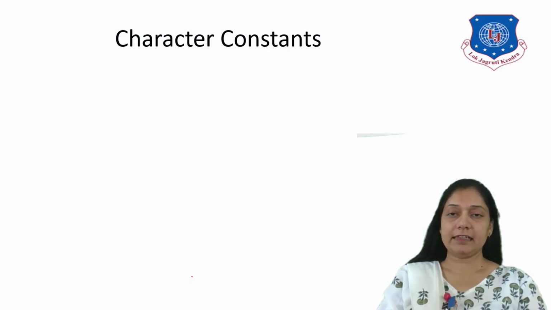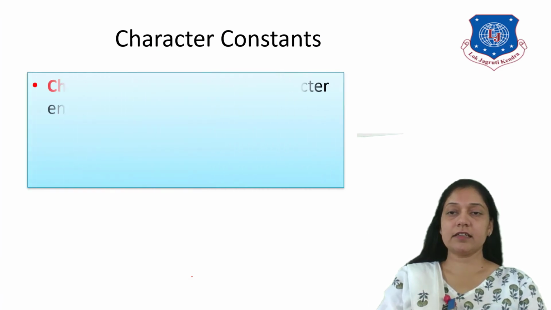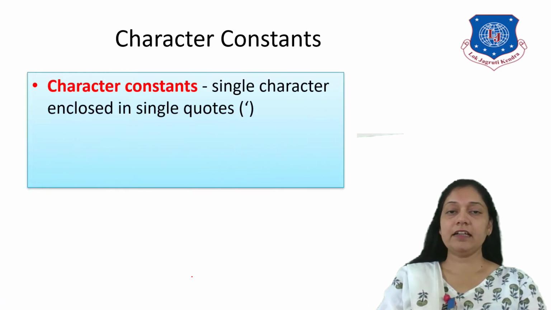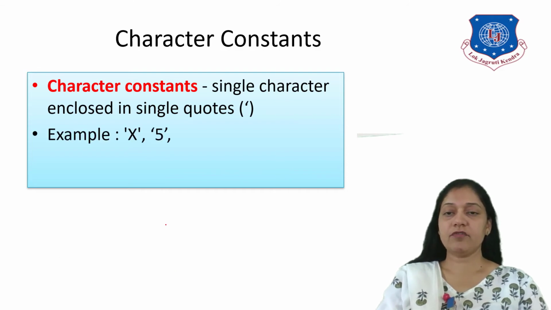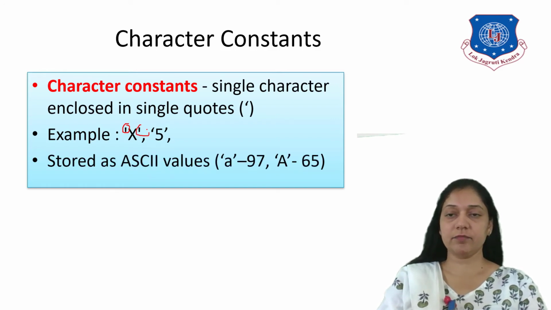Then we have characters. Character constants means giving a single character in your program. This single character constant should always be enclosed in single quotes. Say for example, if I write x or 5, this is one single character, and it should be enclosed in single quotes, and it's considered as a character constant.